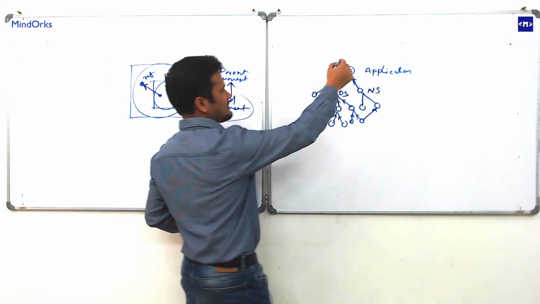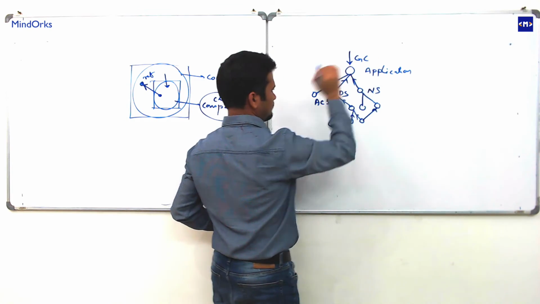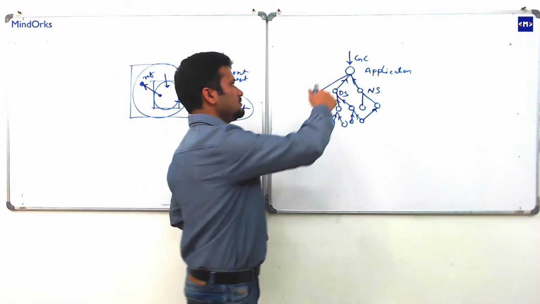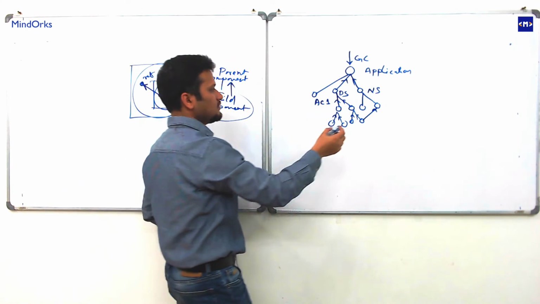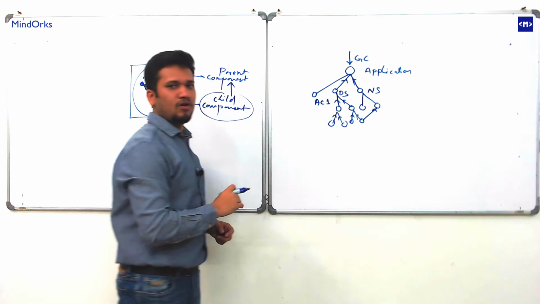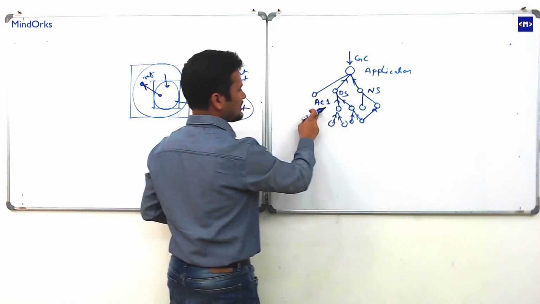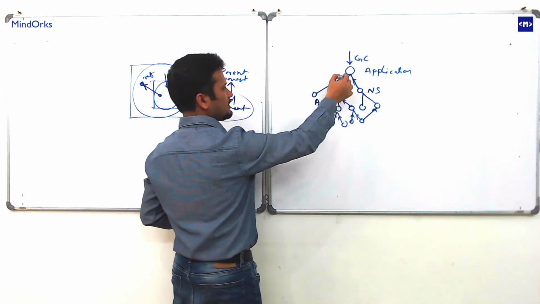So when GC starts, it starts with the application. GC will go down the tree to find out all those parts of this tree which are not being referenced from anywhere. Okay, suppose this activity 1 was launched and now activity 1 launches another activity.